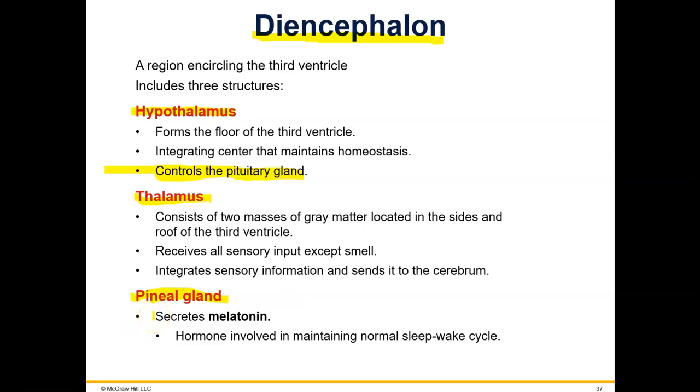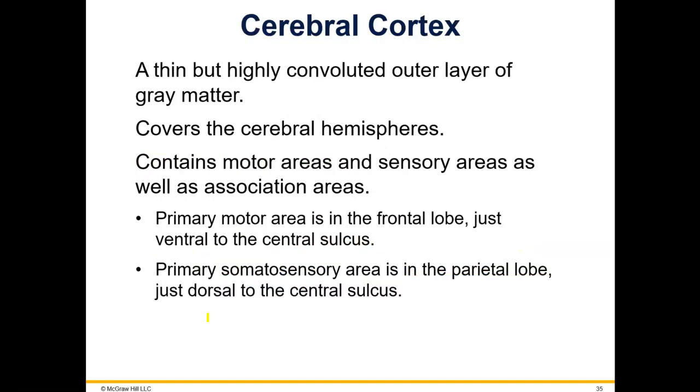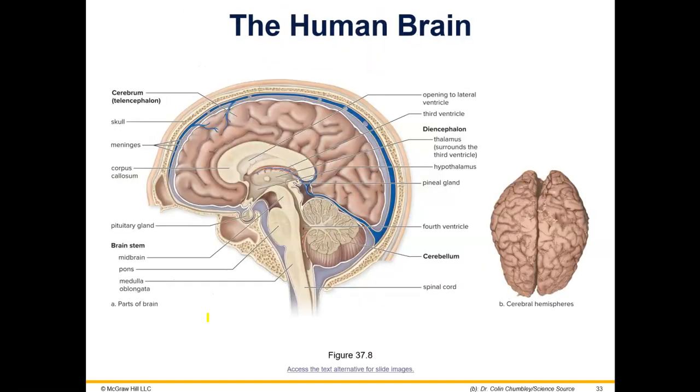All right, the pineal gland secretes melatonin, which is involved in maintaining our normal sleep-wake cycle called the circadian rhythms. And let me show you the diencephalon. So here's the diencephalon. It consists of the thalamus, which is this structure, the hypothalamus, which is right here, and the pineal gland, which is right there.